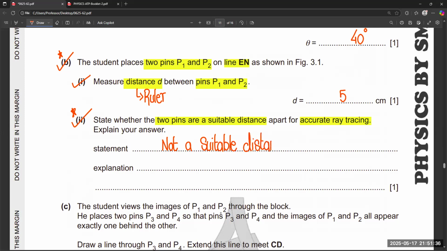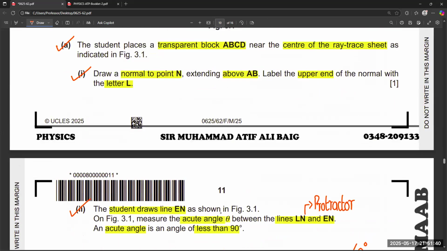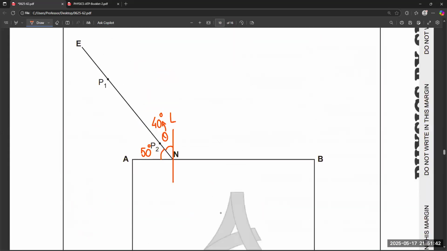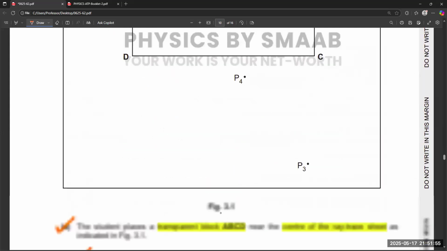We have to place pins as far away from each other, at the extreme points of the line, like at this point. So this is the suitable position, right? So the distance must be greater.